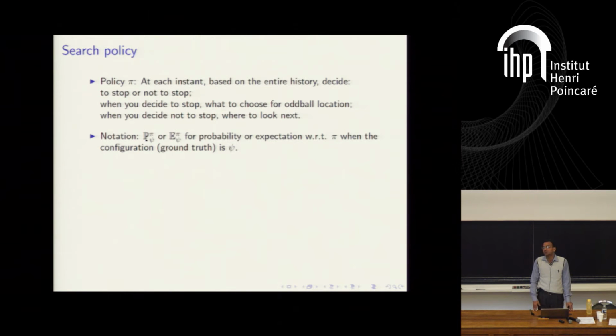Expectation with respect to this measure is going to be denoted as E psi pi. And this is all when the ground truth, or the configuration, is psi, and your policy is pi. Psi is unknown, yes. You know that it's coming from I, R1, R2, but you don't know what it is, yes.